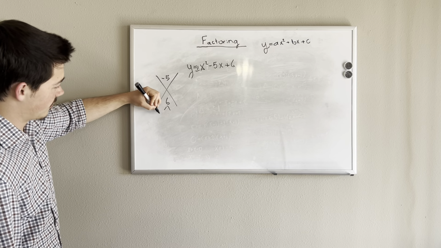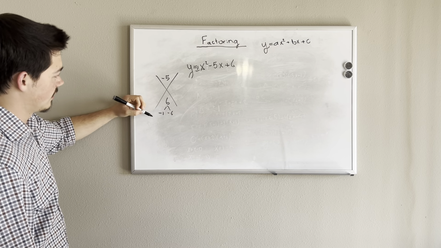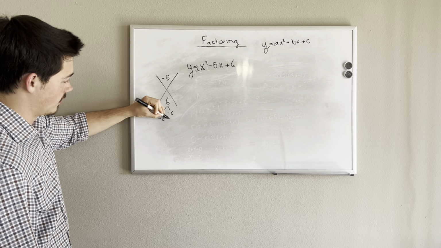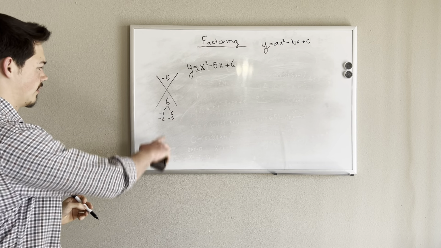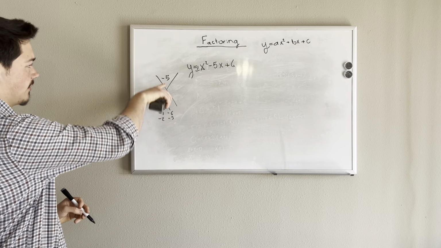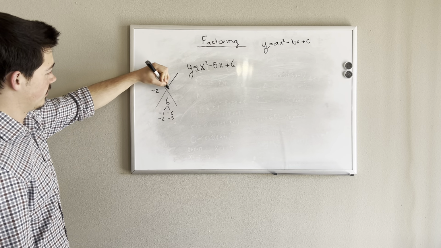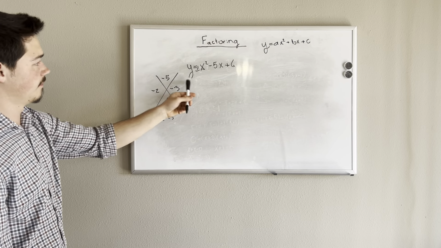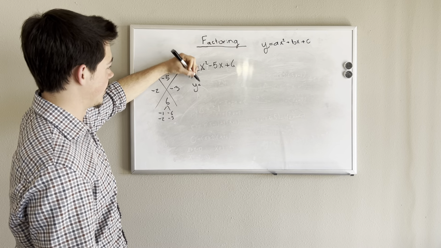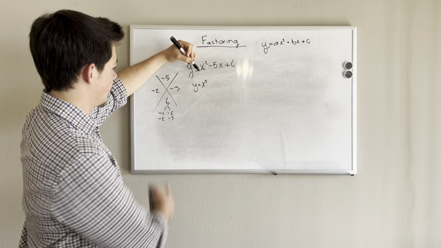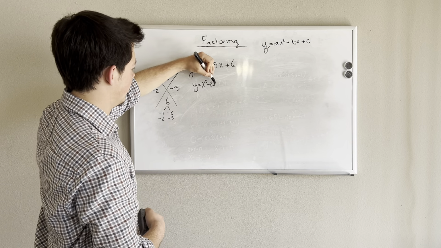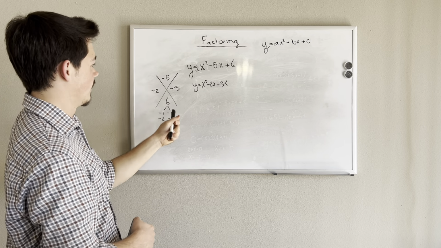So the factors here would be negative 1 and negative 6. They could be negative 2 and negative 3. Well, we know negative 2 plus negative 3 is equal to negative 5. So that will give us our values here. We'll go ahead and rewrite our original equation as x squared minus 2x minus 3x plus 6.